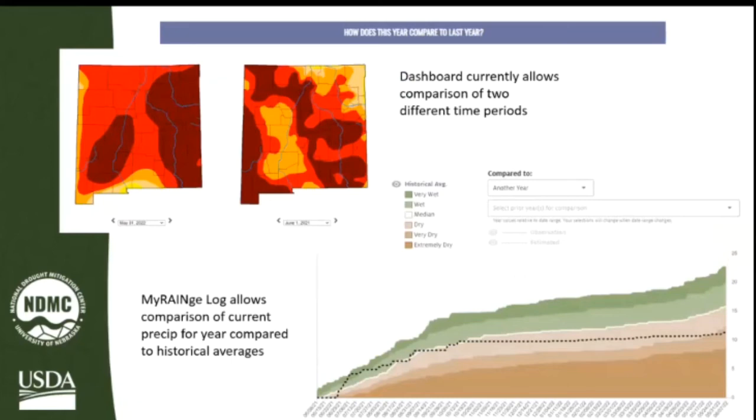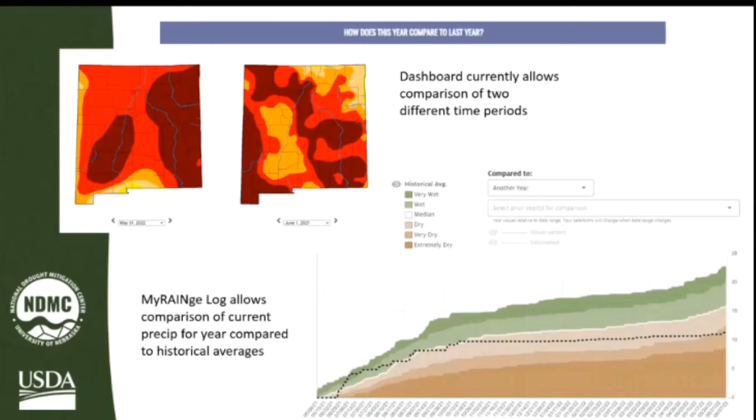Having had quite a few meetings with my colleagues, one of the things I really love about MyRangeLog, and some other tools do this too, is not only being able to put your own data in, but being able to see things on that cumulative time scale and to see where am I at now and what trajectory might I be on.